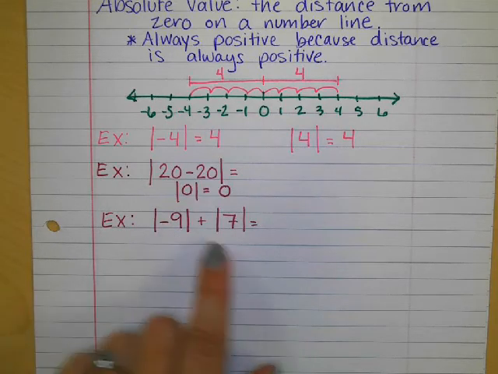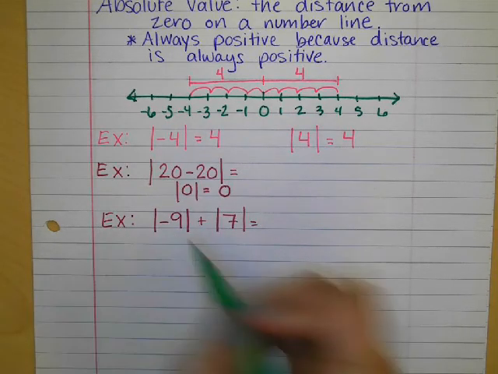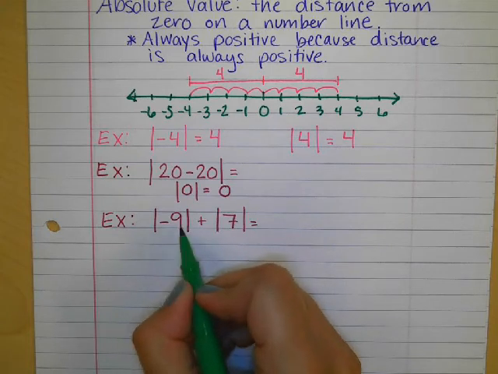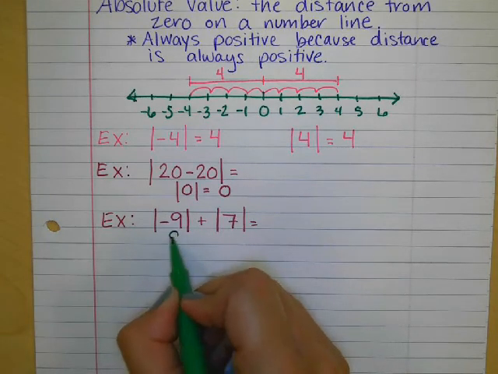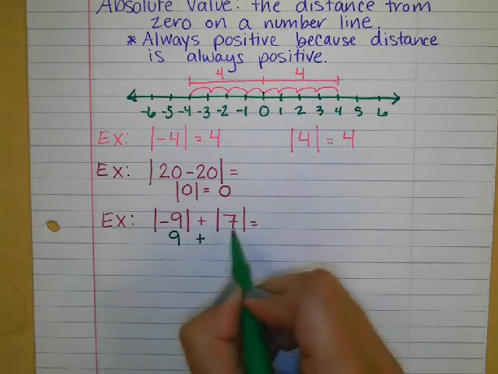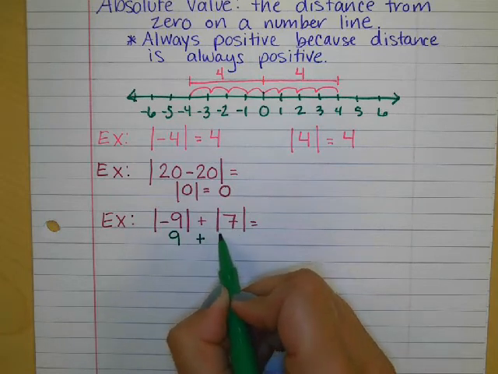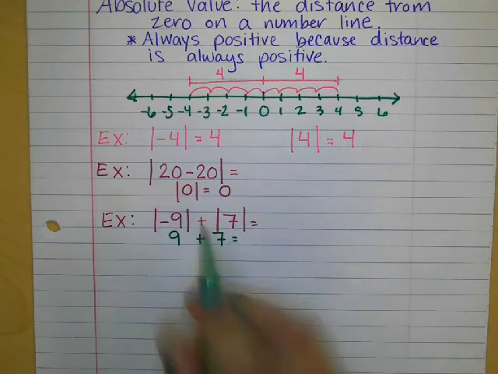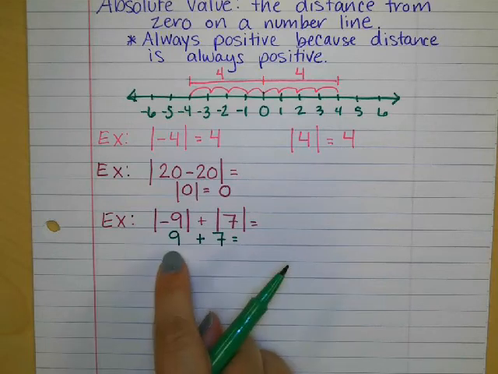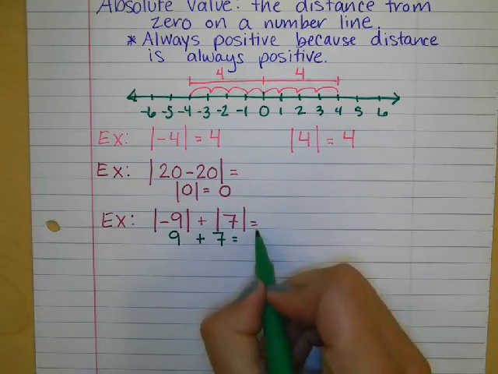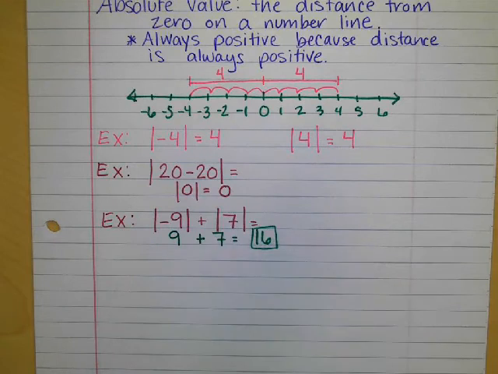Then we're going to add it to the absolute value of 7. So the absolute value of -9 is just going to be a positive 9. The absolute value of 7 is 7. Now we can add those together straight across. So 9 plus 7 gives me 16. So that's my answer.